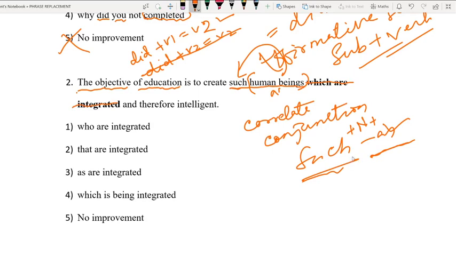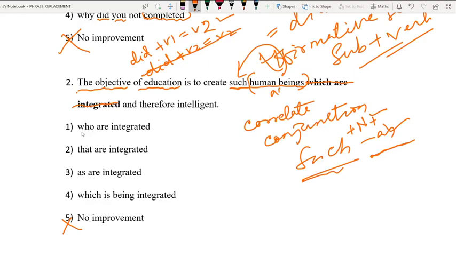I said we must use such first, then a noun, and then as. Option number 5 is eliminated because after human beings we have used "which are integrated" wrongly, which is absolutely irrelevant in the context.